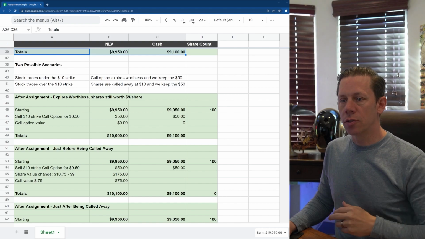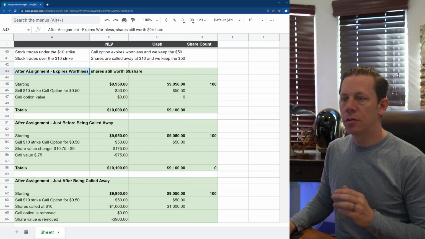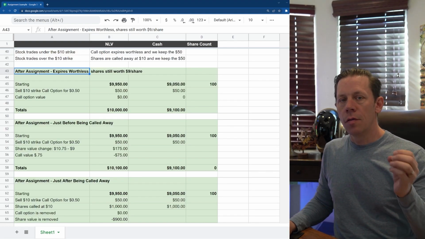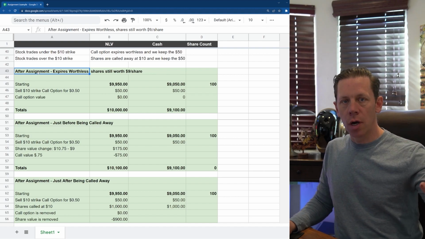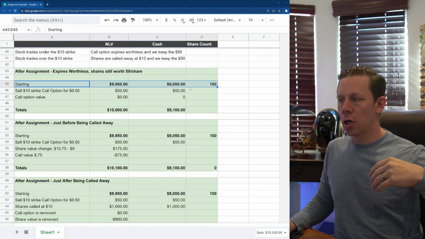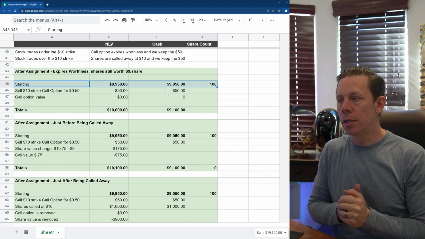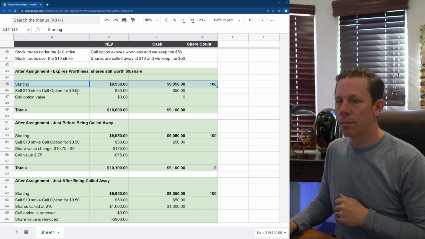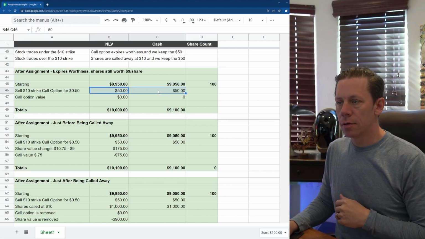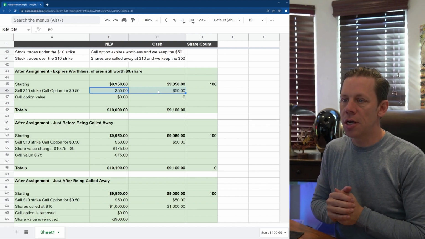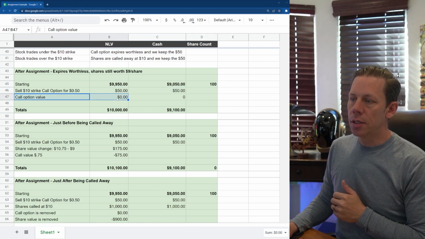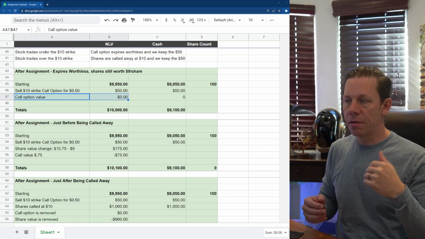So again, doing this exercise, we look at after assignment, the option expires worthless. What happens to our account? We're starting here at $99.50 liquidation value, $9,050 cash. We sold the option for $50. That didn't change. But now the call option expired worthless, so it just gets taken out of our account.